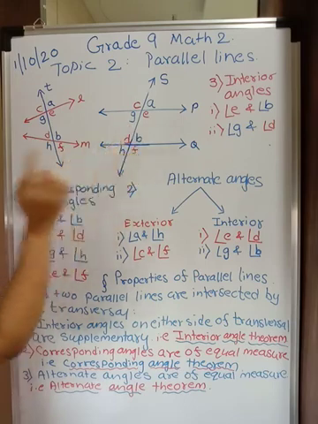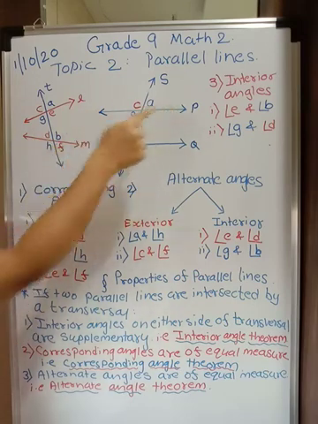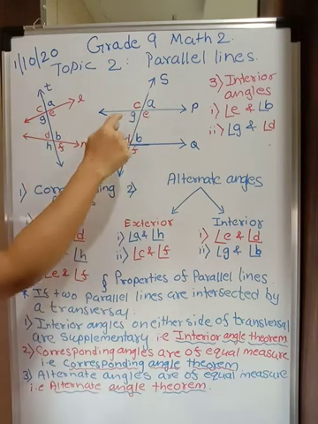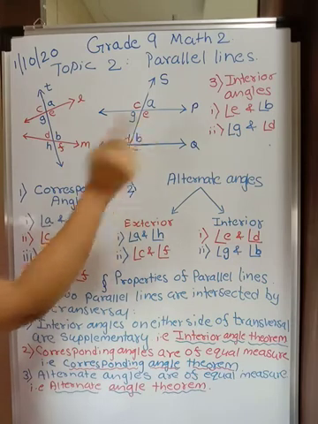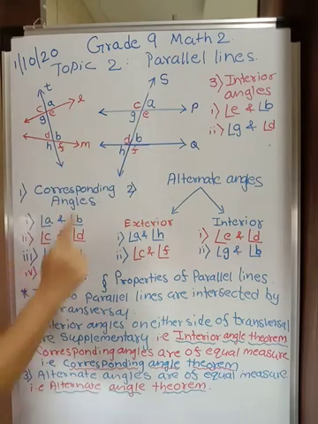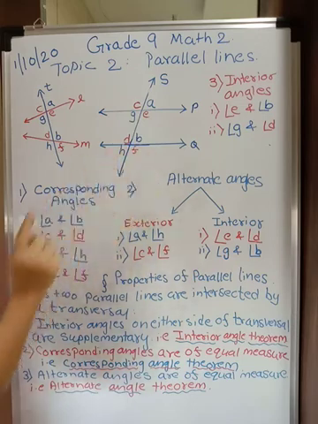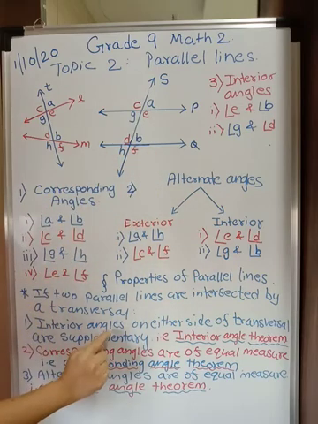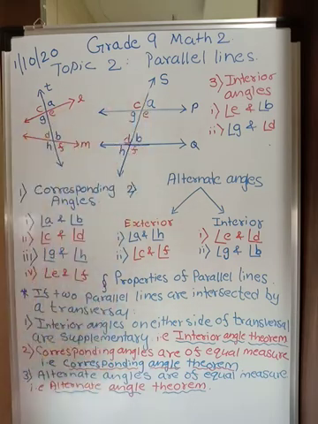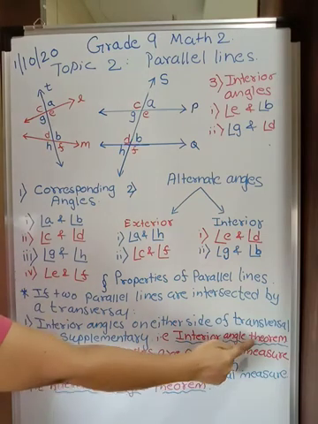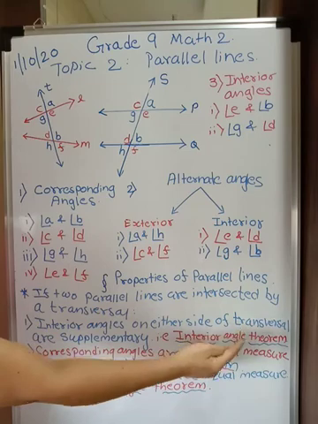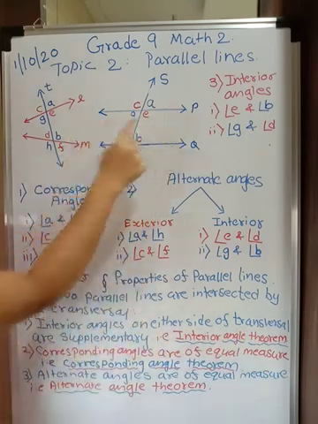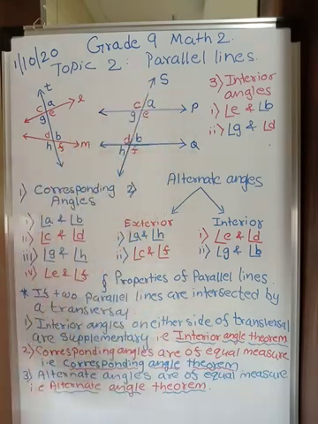That means G plus D will be 180 degrees. That is when the lines will be parallel. And if one pair is supplementary, another pair will also be supplementary. That means if two lines are parallel, then interior angles on either side of the transversal are supplementary. And this is called the interior angle theorem. So the interior angle theorem comes when lines are parallel and cut by a transversal.